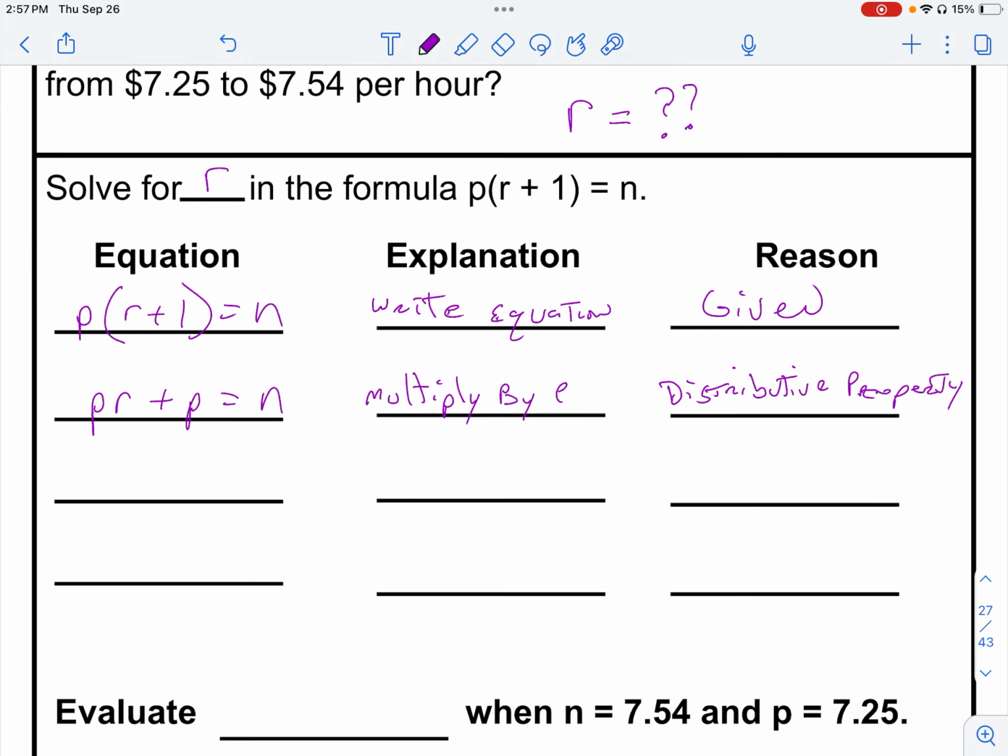Well, letters are just numbers, and if we treat them like numbers, we make our life pretty easy. So we can end up with PR equals N minus P, subtract P from each side. That's our subtraction property.